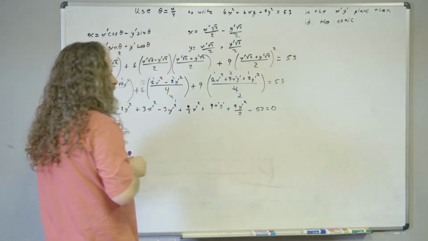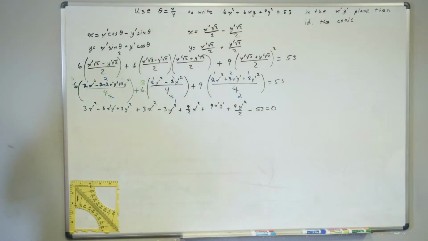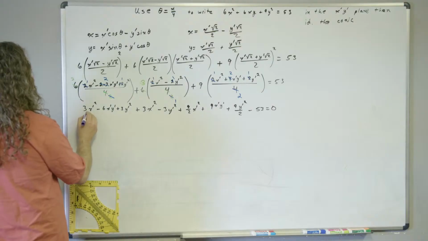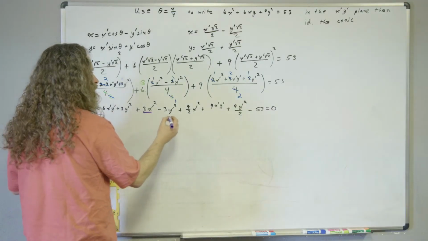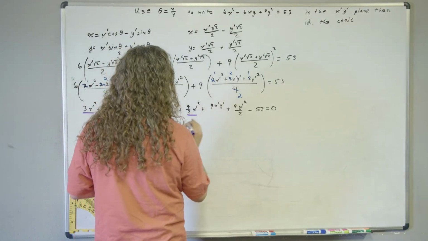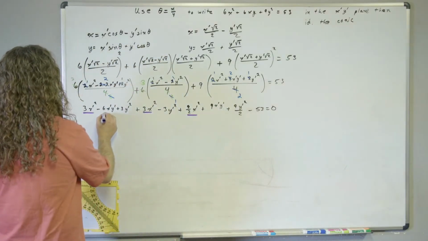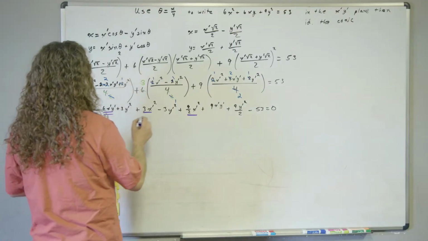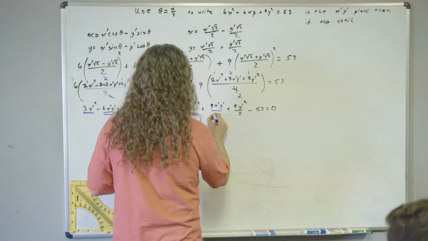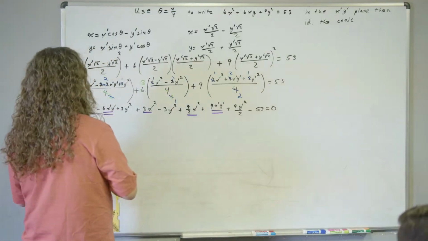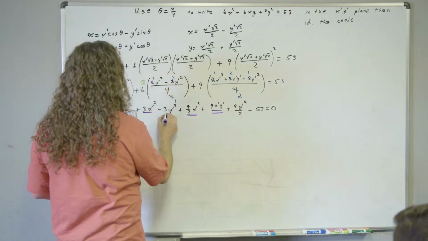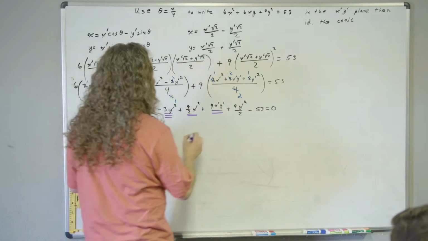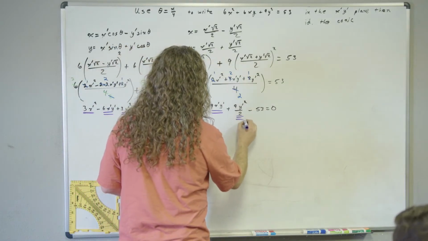By the power of erasers. x prime squared, x prime squared, x prime squared, x prime y prime, x prime y prime, y prime squared, y prime squared, y prime squared.